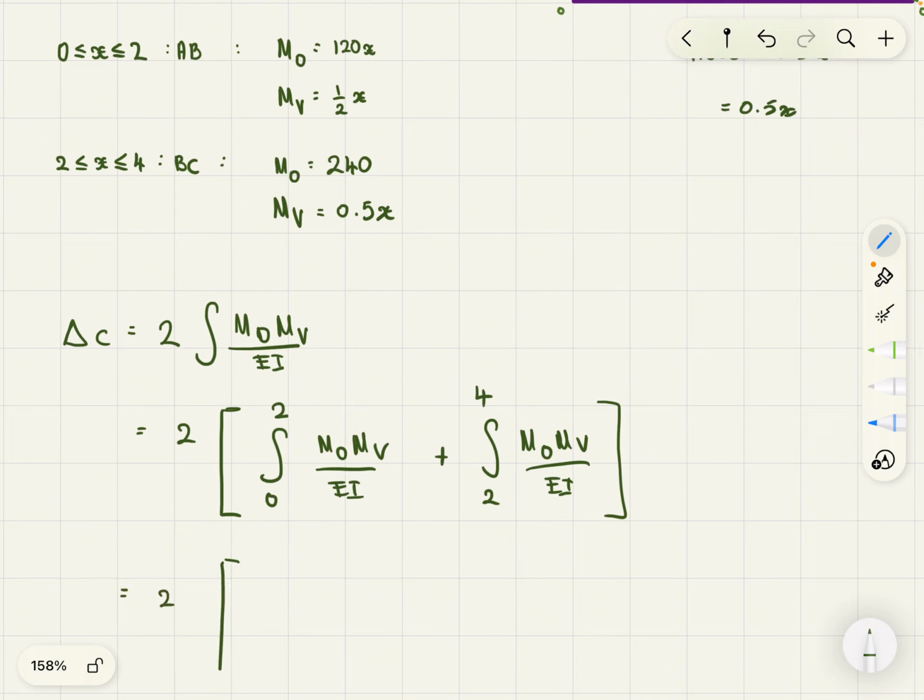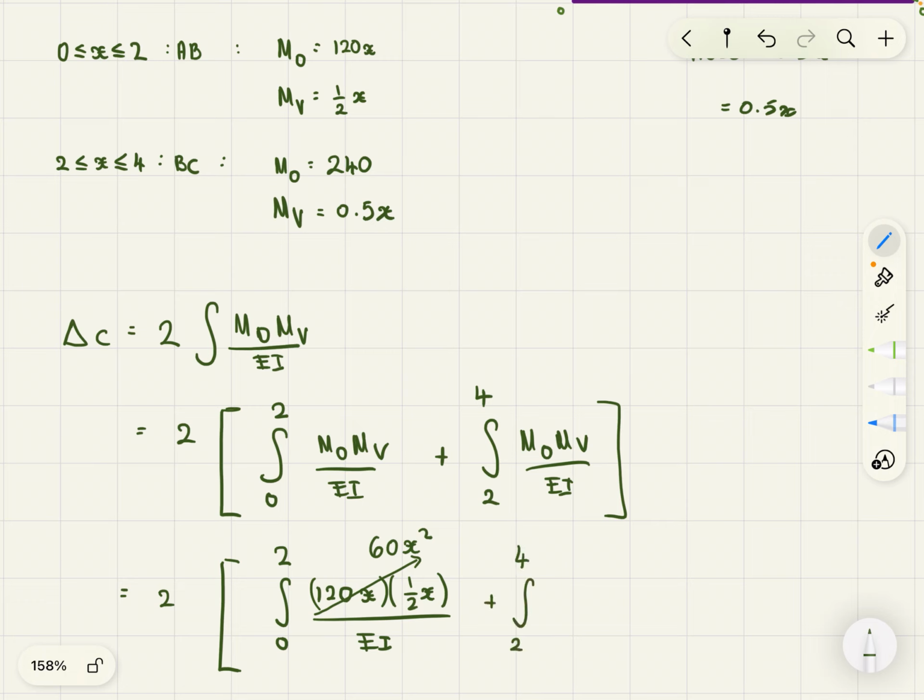And now, just substituting in what we have, from 0 to 2, the real moment we said is 120x, multiplied by half of x, the virtual moment, over EI. When you multiply, half of 120 is 60, and then x squared is what we get.